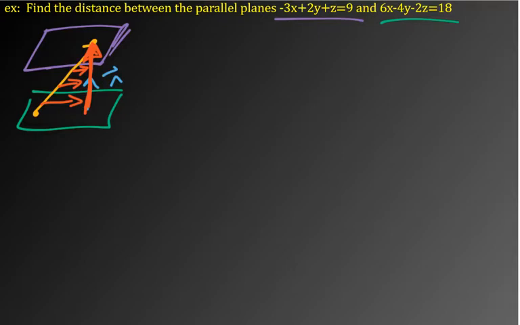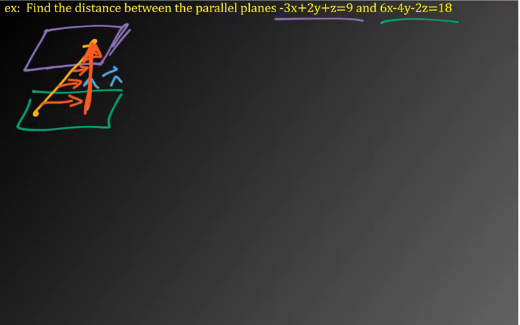And it's really important that you know this part. There is technically a formula that just does it for you, but I've never really wanted you to use that. I want to see this kind of work because it really utilizes some important Calc 3 vector computations. So I'm going to start and just get a point in each plane here.